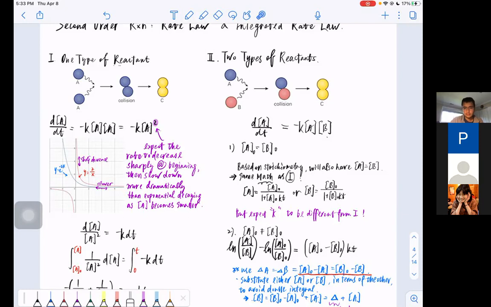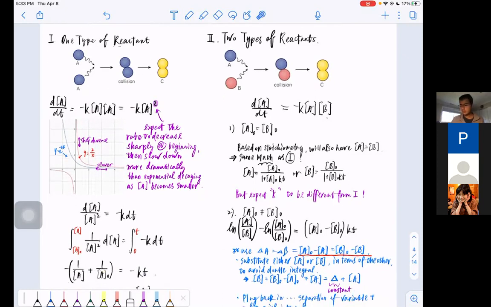So it basically returns to the same case as we have just now. That makes the math very easy, essentially the same thing.